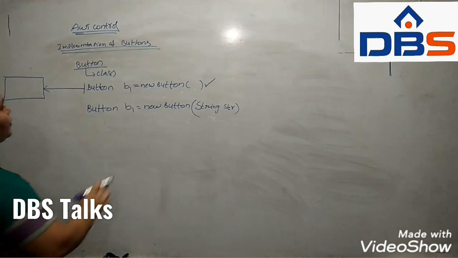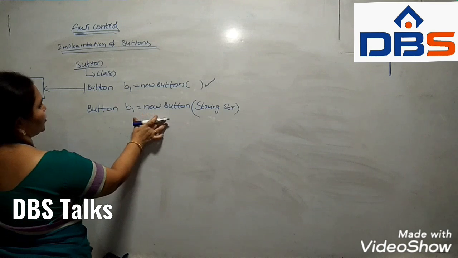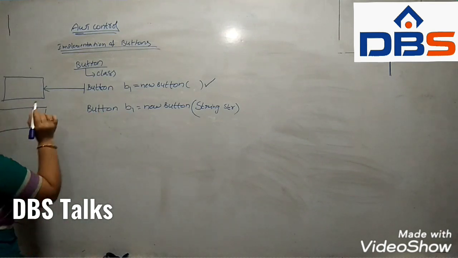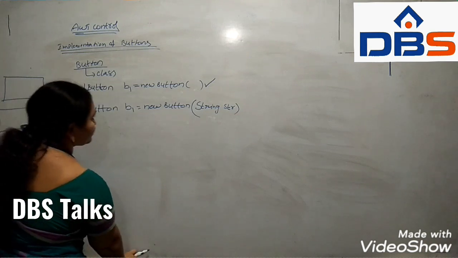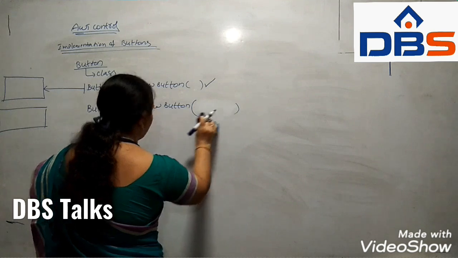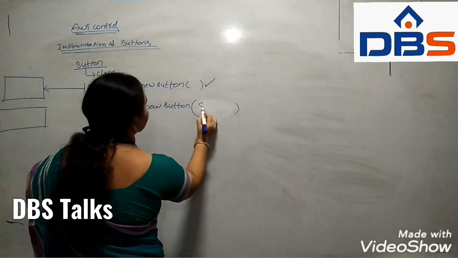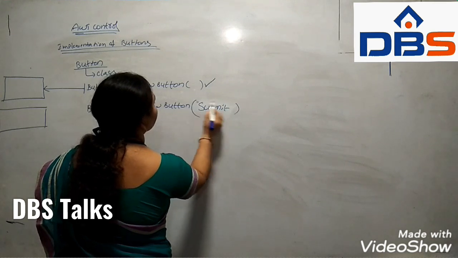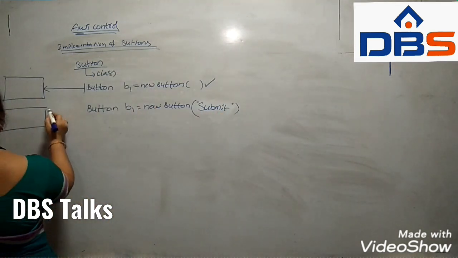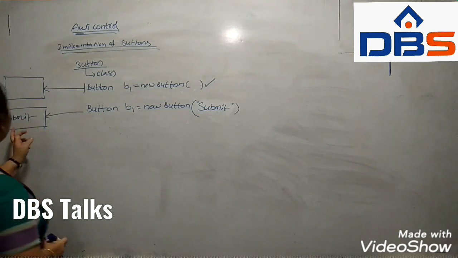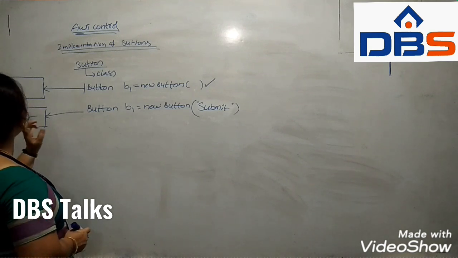By using the second statement, we pass the string. Suppose here the string str is some text, that is Submit. I am using a submit button, for example. So it will print Submit on the button.